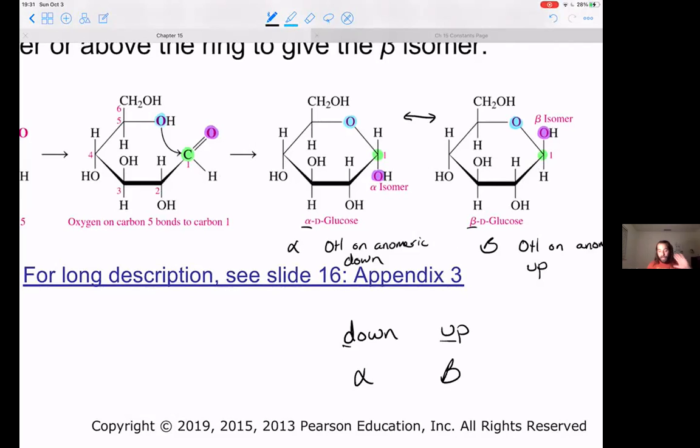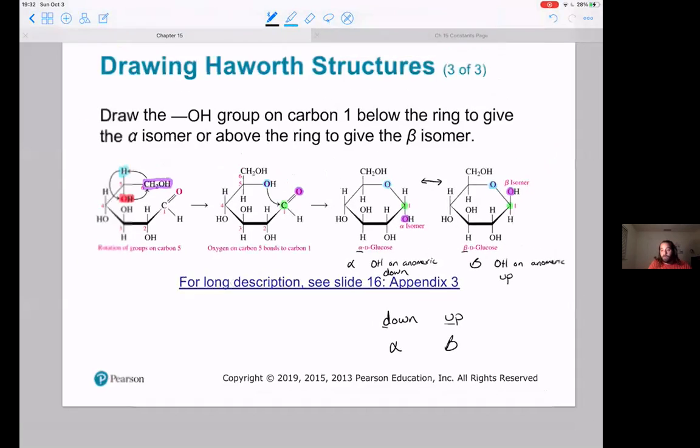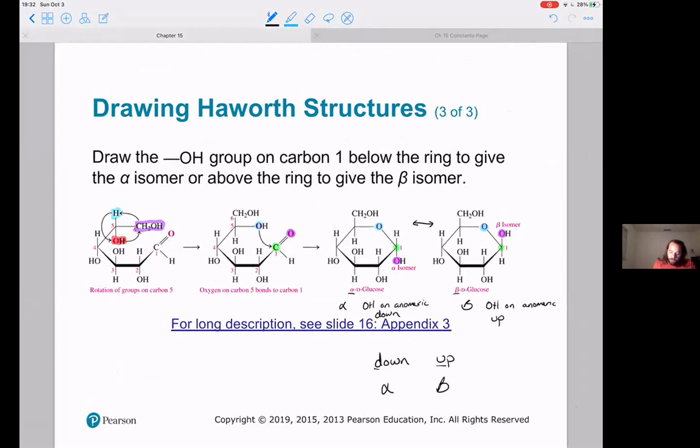I'm not saying that will help, but I was having trouble remembering it, and that's a little device that I created to help my memory distinguish it a little bit easier. So hopefully that helps. If not, you have to come up with your own little trick in order to remember that alpha means that OH group on the anomeric carbon is pointed down. Beta means that the OH group on the anomeric carbon is pointed up.